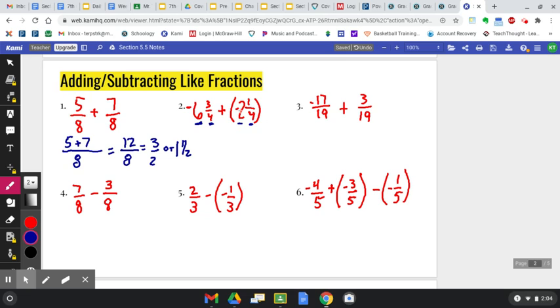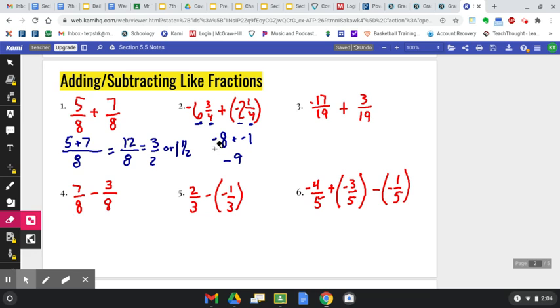The only confusing part is you have to remember to keep the negative in there. So, for example, -6 and -2 is -8, and the -3/4 and the -1/4 is -1, right? So my answer should be -9.